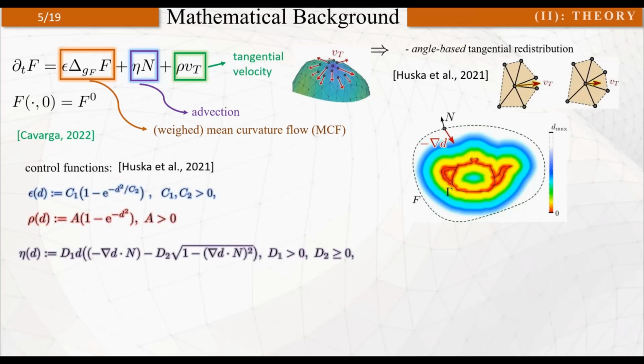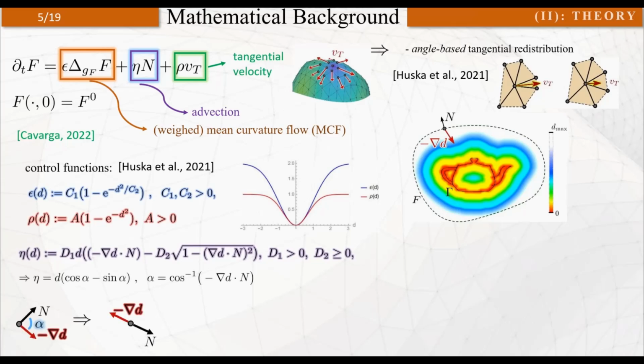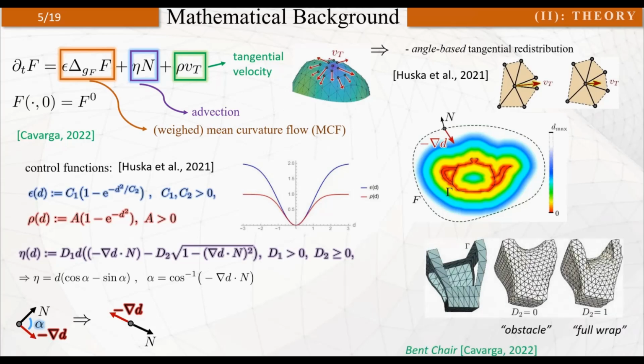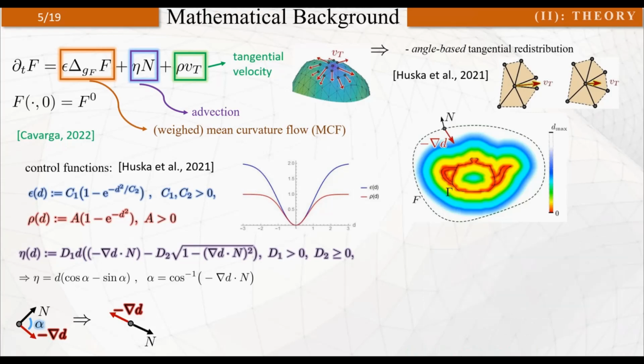The control functions of the three terms are the complementary Gaussian target detectors, which are zero when the surface approaches the target set gamma, and the advection function computing the influence of the negative gradient of the distance field. This function also rotates the surface so that its unit normal evolves towards parallelness with the gradient.